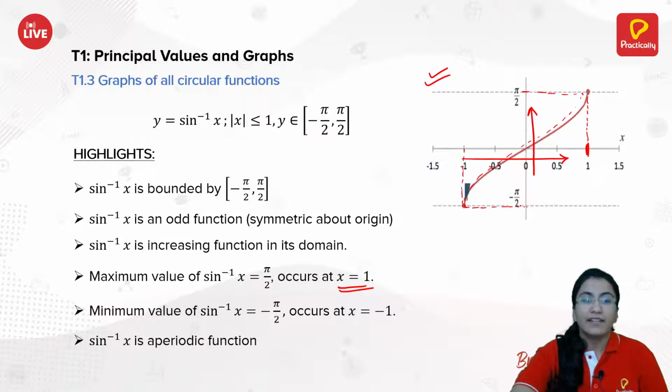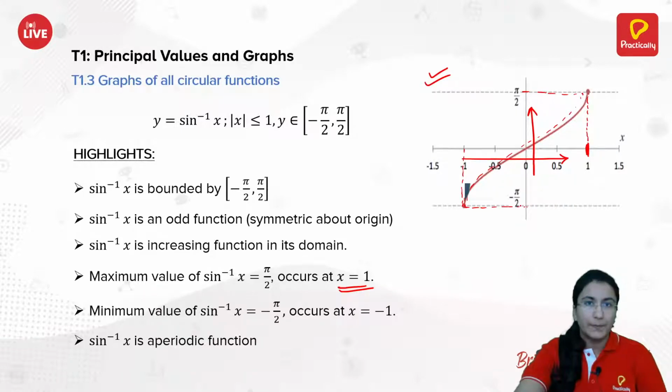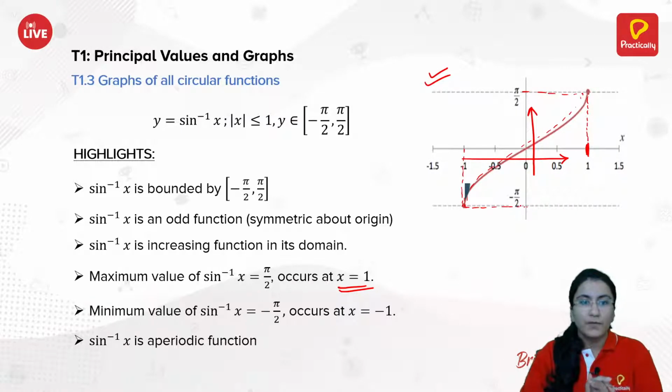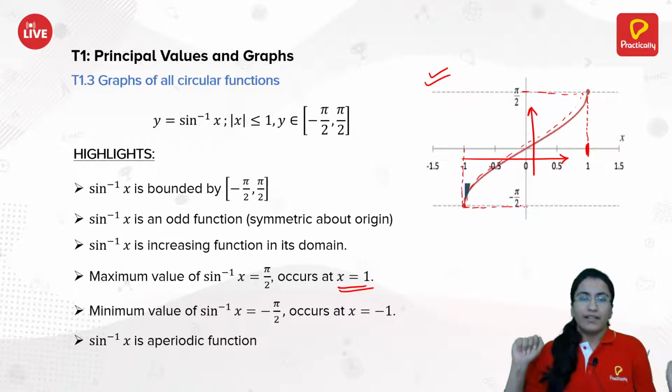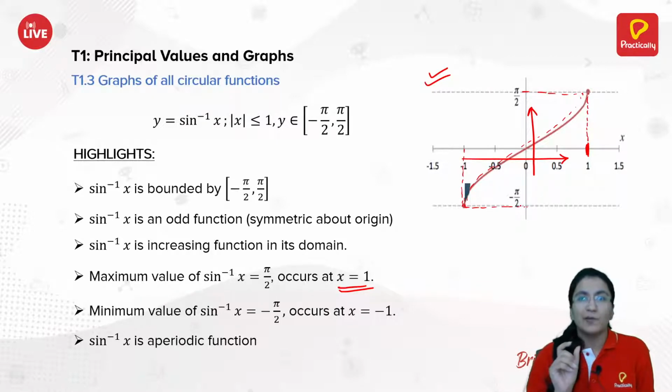Next, sine inverse x is an aperiodic function. Aperiodic function means it does not have any period, right? Most of the functions here you might take as periodic, but there is a basic constraint for a periodic function: its domain is the complete R, and here you do not have the complete R as your domain. You have a concise domain over here.